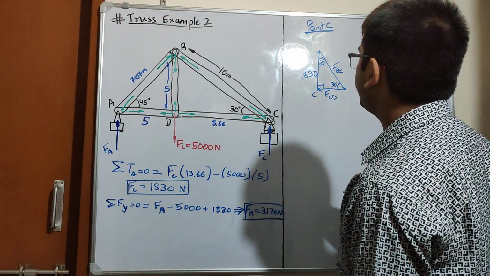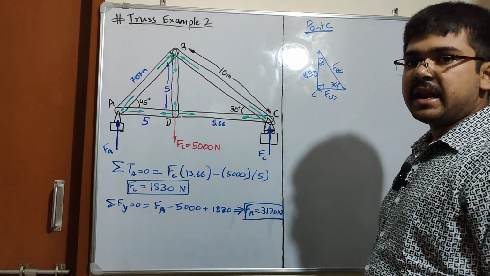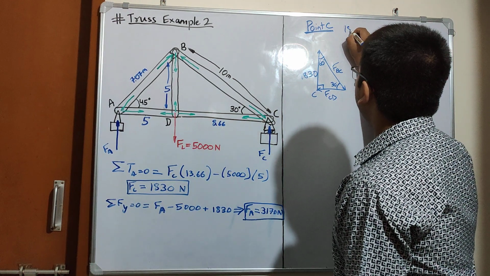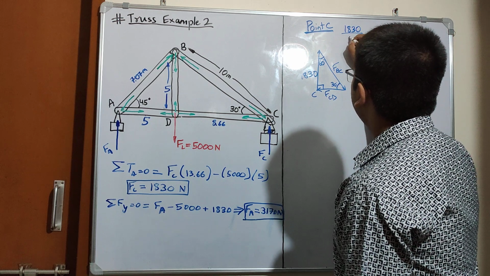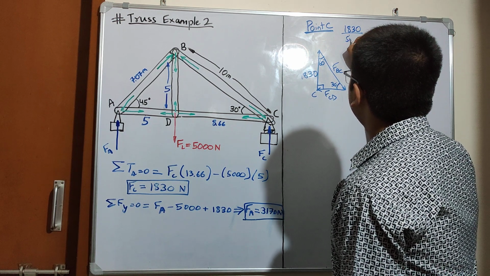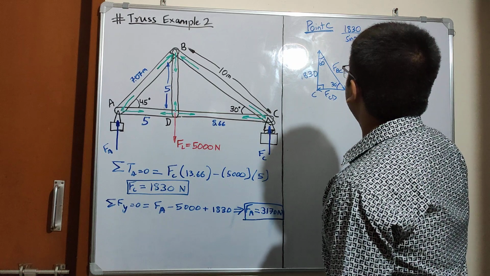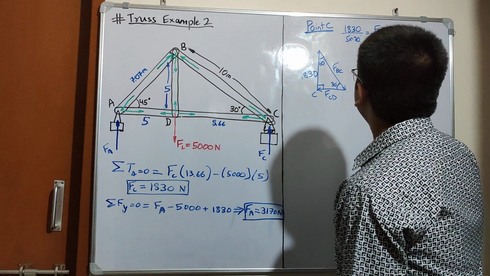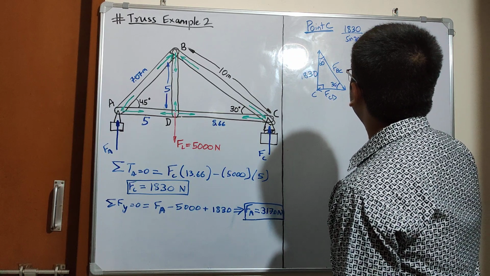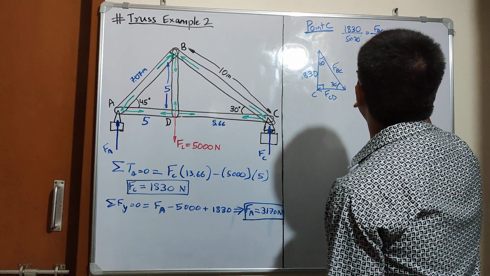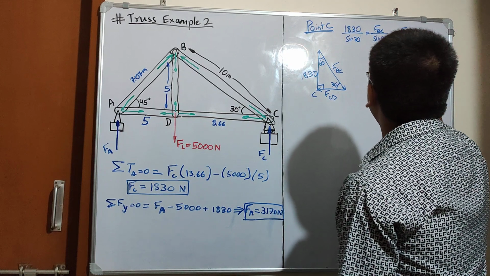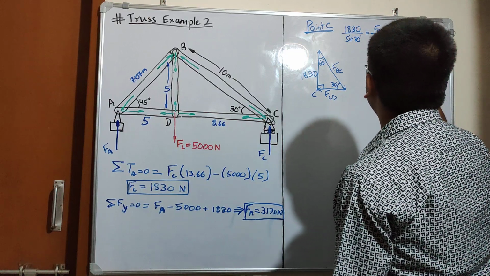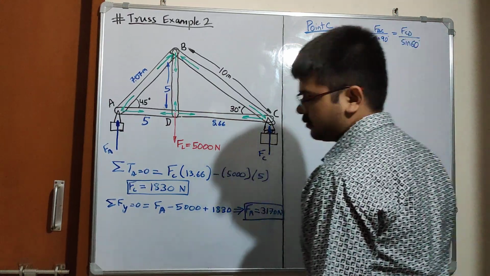So we can now apply the sine rule. The sine rule will give us 1830 divided by sine 30 is equal to FBC by sine 90, FCD by sine 60.